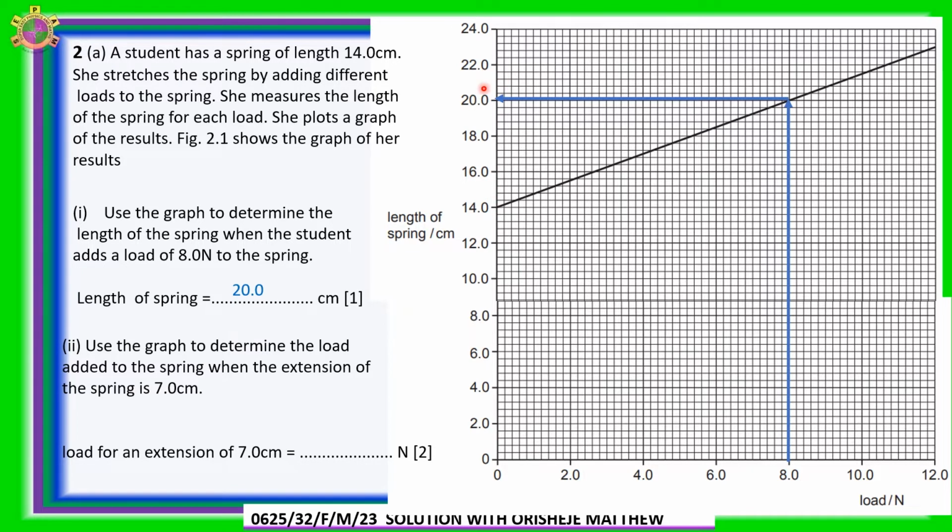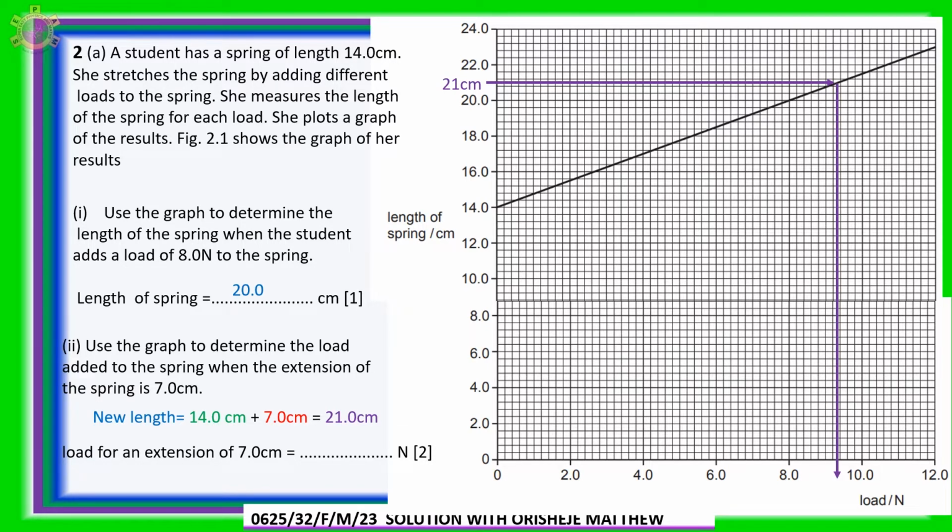That will give a new length. So from that new length, trace it until it meets the graph, then trace it to the load. So what is that value? That gives 9.3 Newton. So that is the load that will produce the extension of 7 cm.